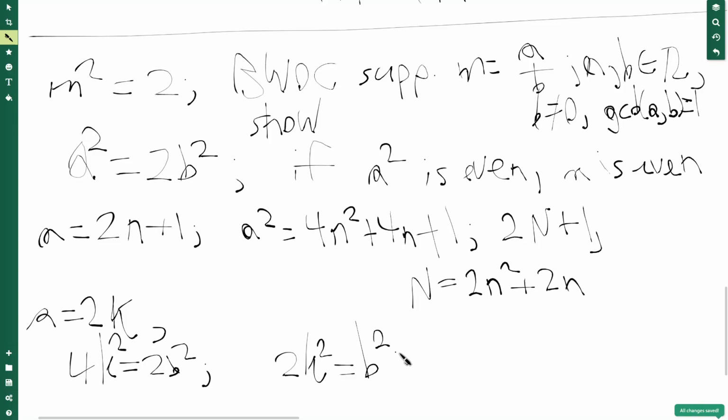Well, notice that just tells us, by the same little lemma here, that b is even. But since a and b are both even, that's a contradiction, since by assumption they're coprime. So this actually completes the proof, because that implies that m surely cannot be a rational number.